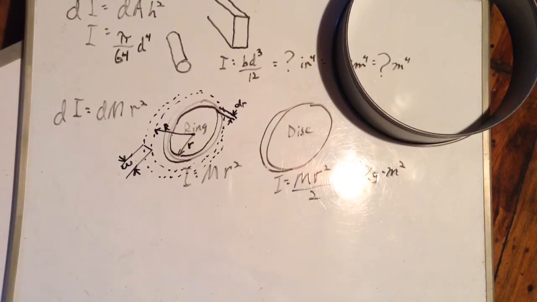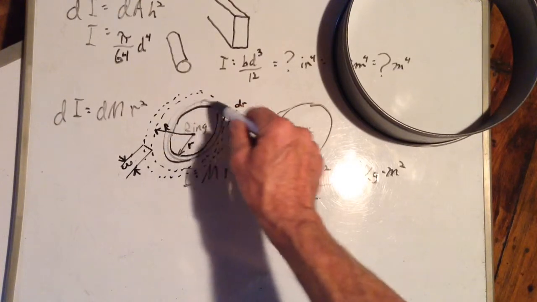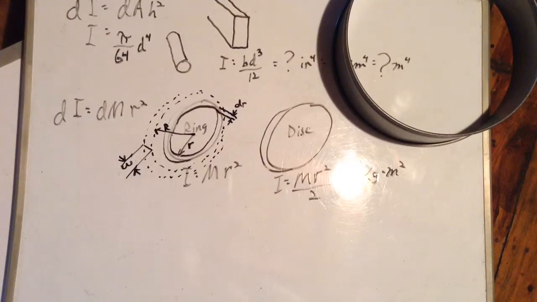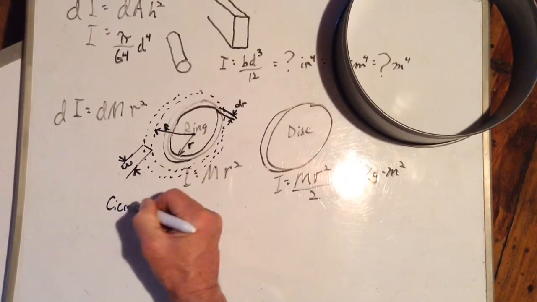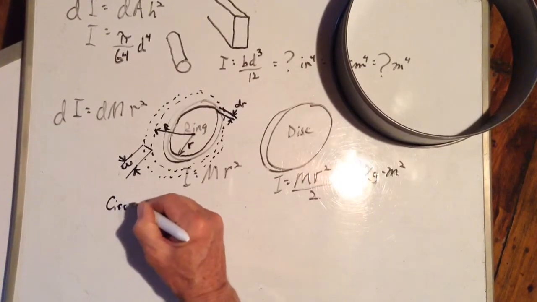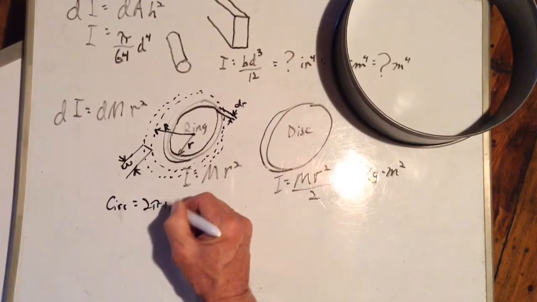The area of this ring is equal to the circumference of the ring, which, remember the formula for circumference, is 2 times pi times r, or pi times the diameter. So circumference equals 2 pi r.